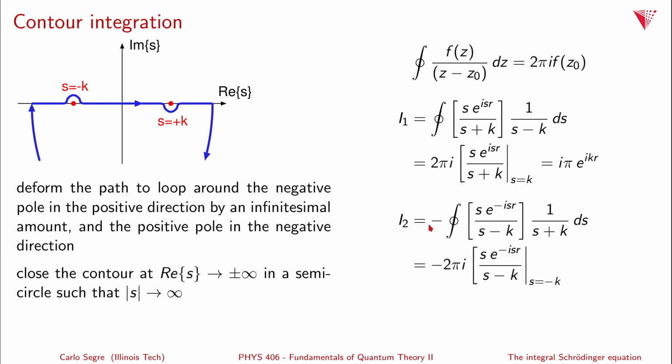Now, why do we have a minus sign? Because we're going in the opposite circular direction. And so now, when we put this together at s equals minus k, s becomes k, and here we have a negative k, and we get minus I pi e to the ikr. So we have 3 negative signs, and one of them remains. So this minus sign is pulled through.